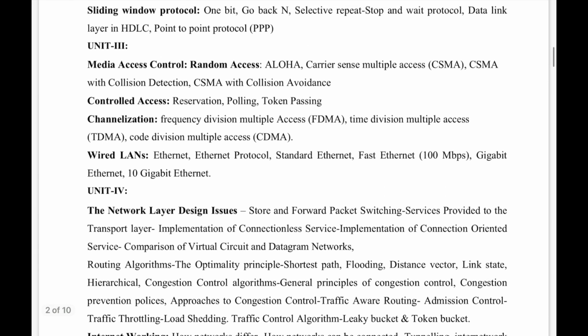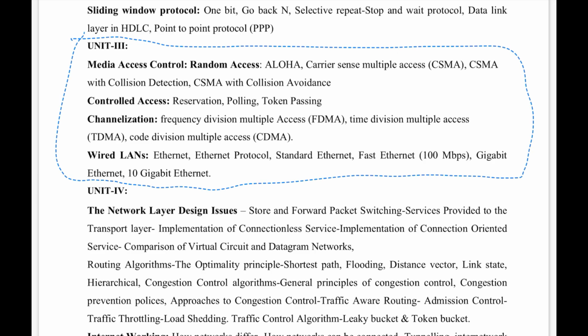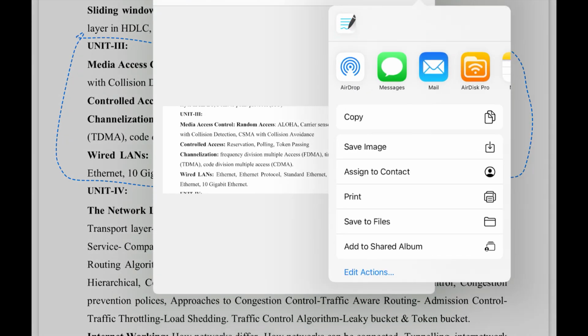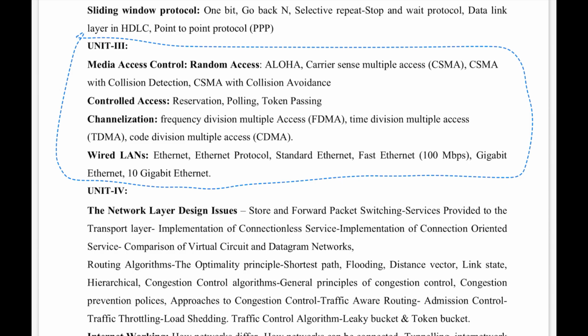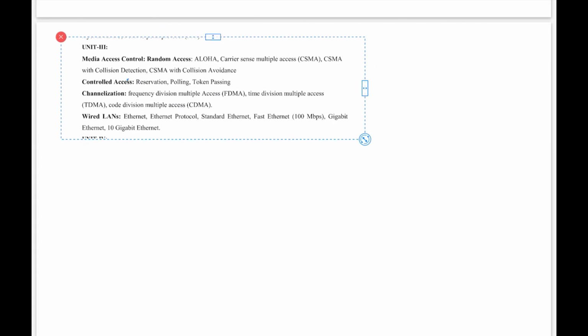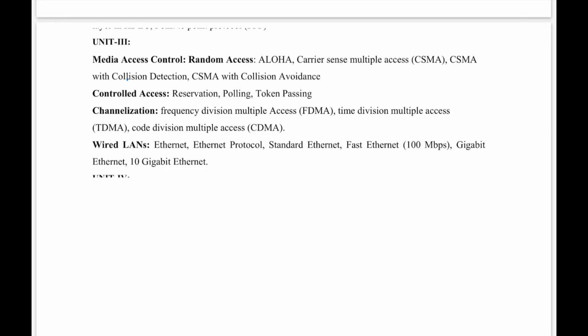So unit 3. In unit 3, what we study is medium access control, when multiple devices share a common medium.